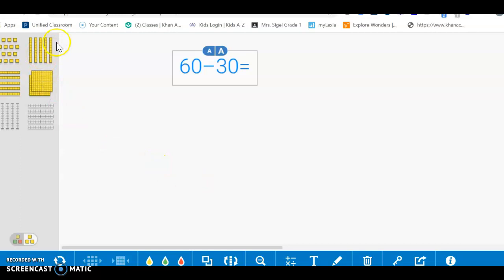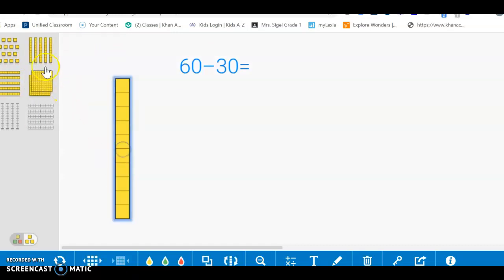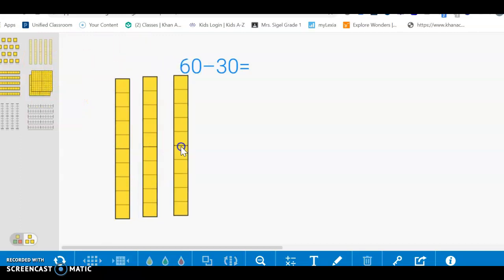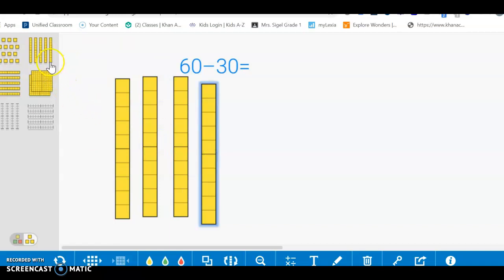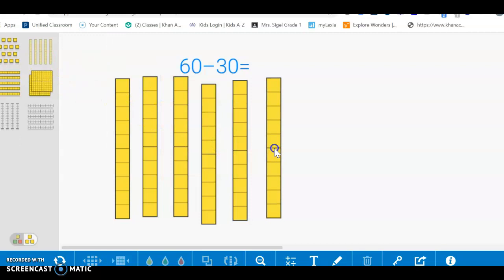Okay, I'm going to count out 60, so 6 tens, counting by tens. Ready? Help me. 10, 20, 30, 40, 50, 60. And I'm going to take away 30 again.